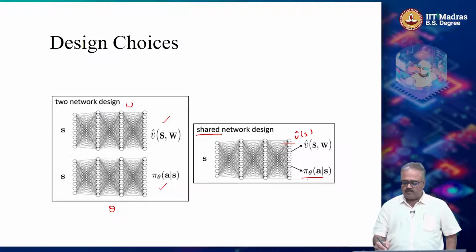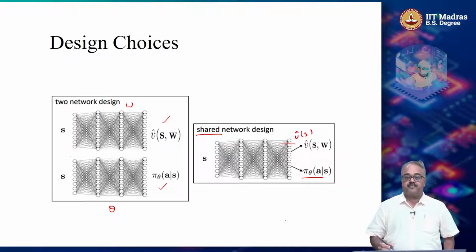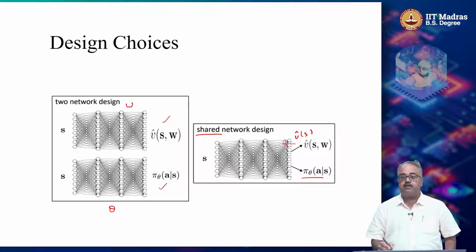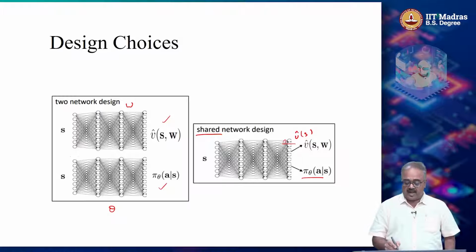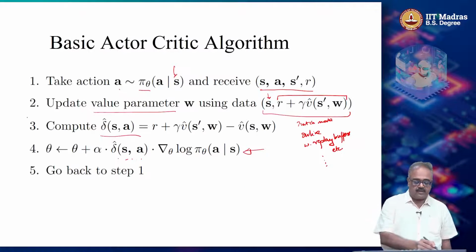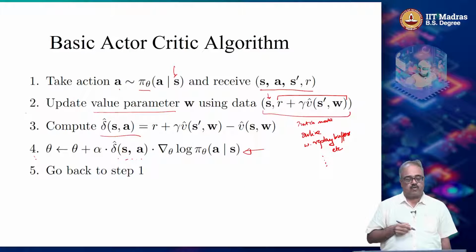The rest of the outputs will be for the pi, right. And now, the weights that connect to the V hat output will be part of W, and the weights that connect to the pi outputs will be part of theta, and every other weight that you have will be part of both W and theta, and therefore, they will get updated both in line 2 as well as in line 4, okay.